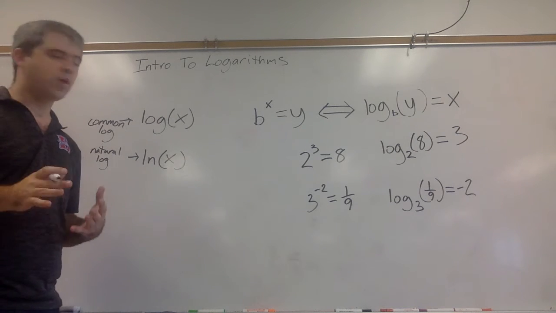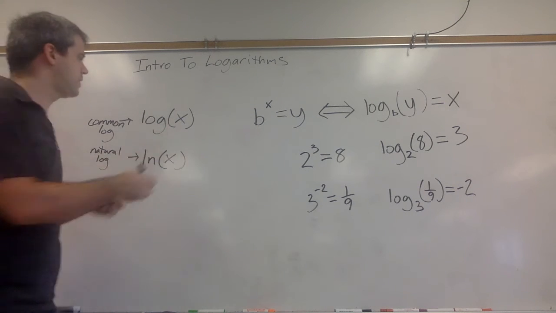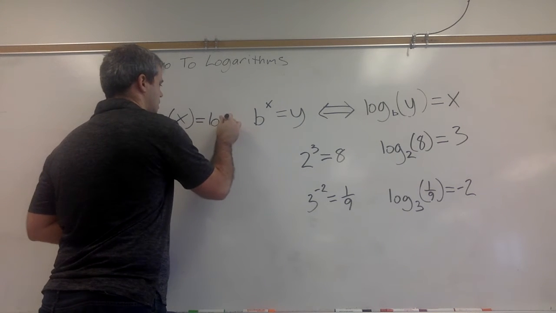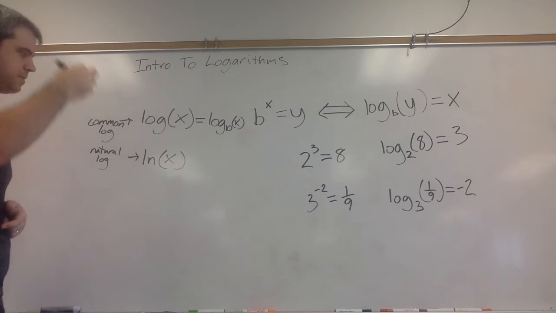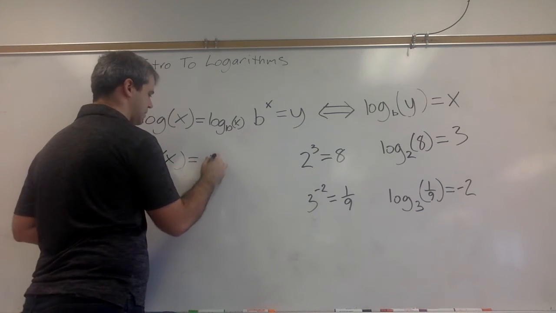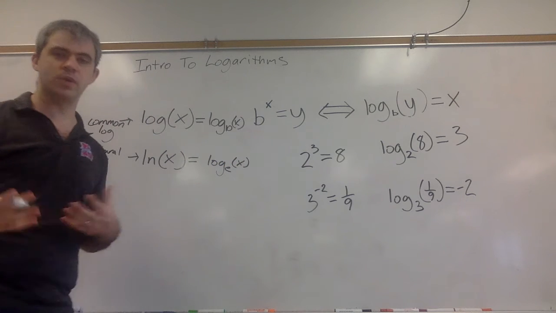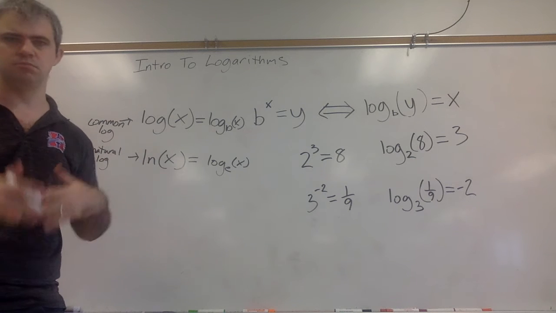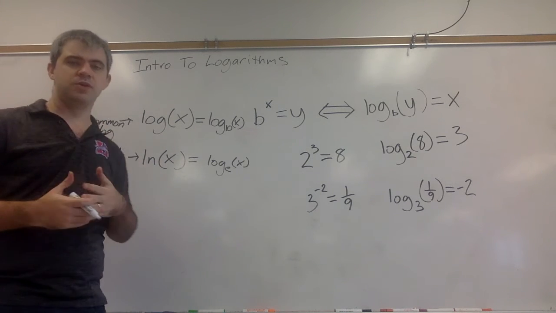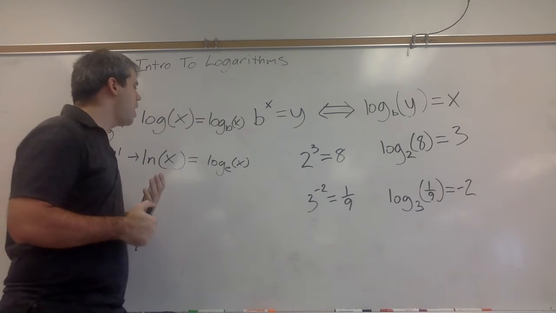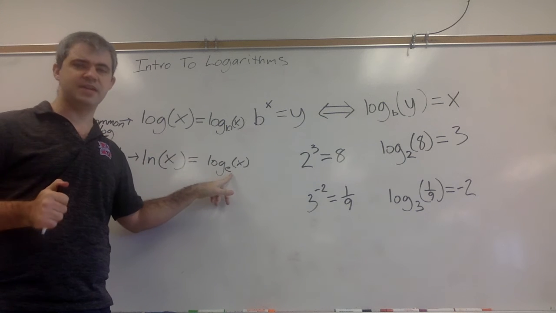Now, common log, if you don't see anything here, this is equivalent to log base 10. And this is equivalent to log base e. Okay, that weird number we talked about before, that 2.71, blah, blah, blah. So if you see these on your assignments, you'll know, oh, he means log base 10. Oh, he means log base e.